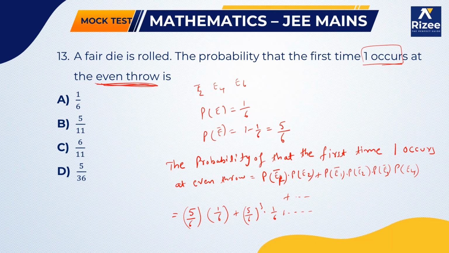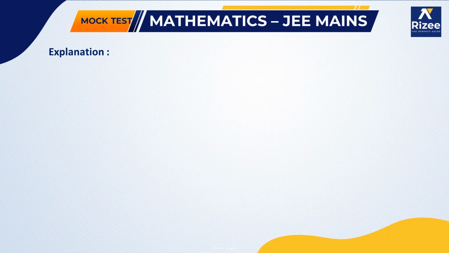In this total I am taking 1 by 6 common, the remaining 5 by 6, 5 by 6 whole cube, 5 by 6 whole power 5, and observe here, this is a geometric progression. What is the sum of the geometric progression?